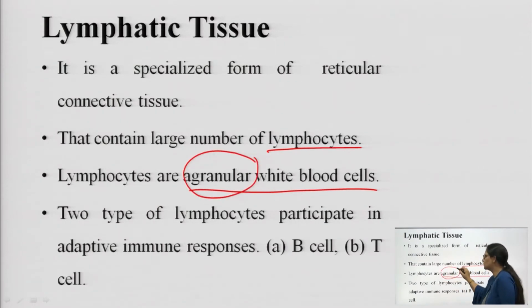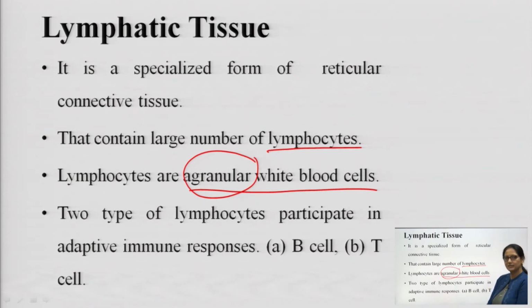Agranular means there is no granule in their cytoplasm, so that's why we call them agranular cells. The two types of lymphocytes are B cells and T cells, B lymphocytes and T lymphocytes.